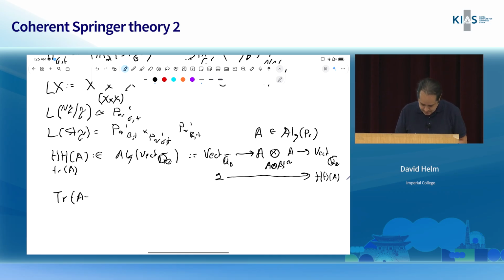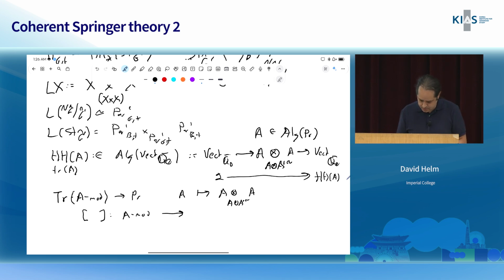This doesn't take as input A, it takes instead the two-category of module categories over A, and it gives us back out some presentable stable infinity category, and this is given by A maps to A tensor over A tensor A rev A. And there is a natural sort of Chern character in this setting, which I'm going to denote by brackets.